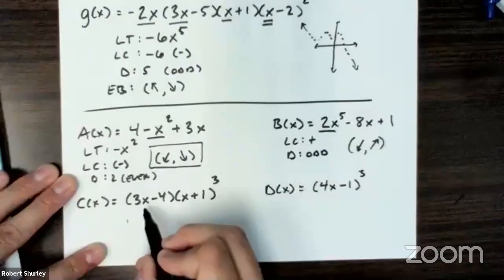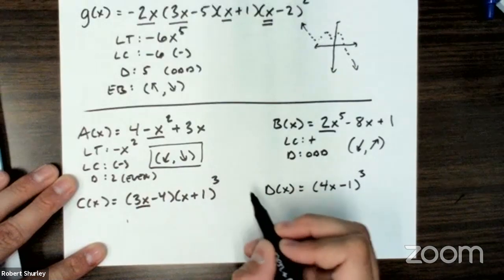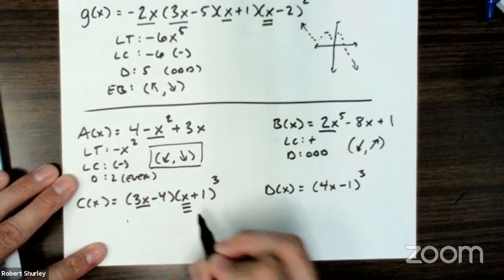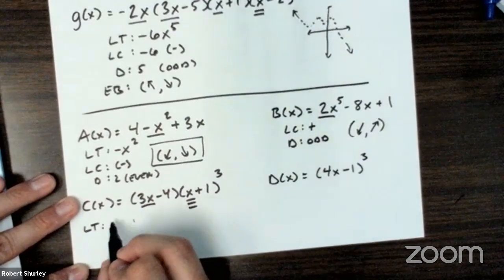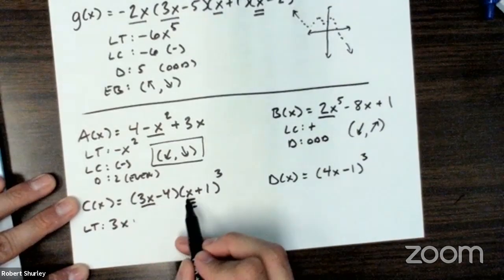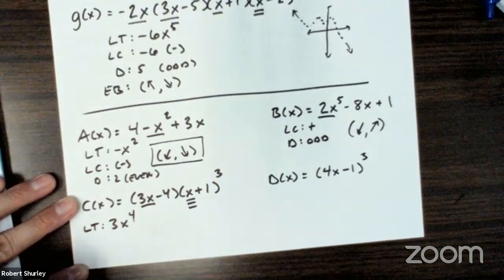So let's look at this. Like this one, I'm going to have to multiply. We've got 3x, and then we really have 3 of these factors, right? So I'm just going to underline it 3 times. The leading term here would actually be 3x. Now we've got 1 and then 3 more of these, so 3x to the 4th, right?